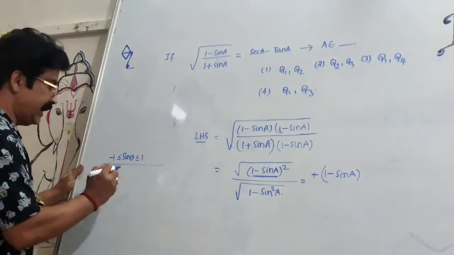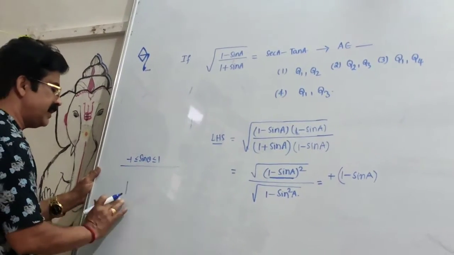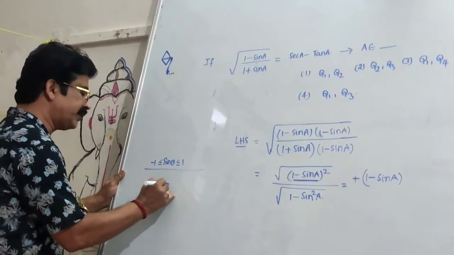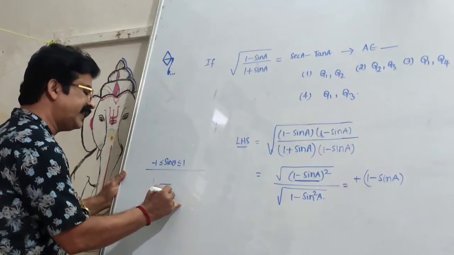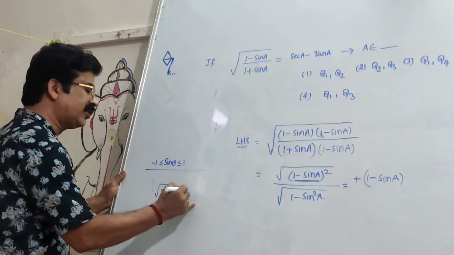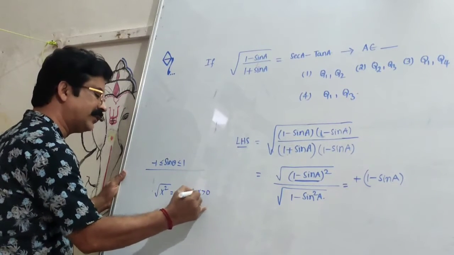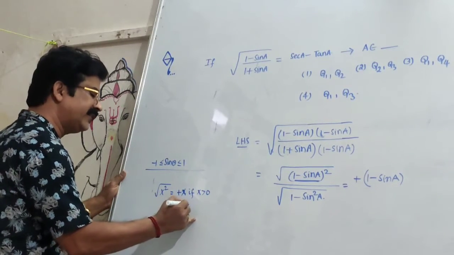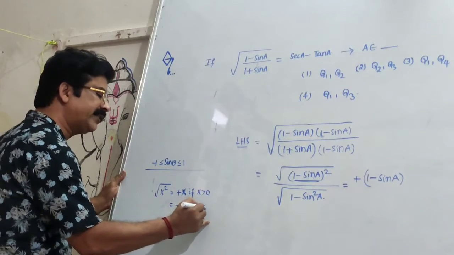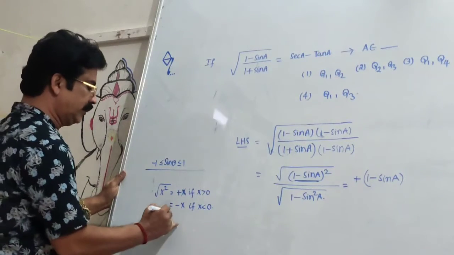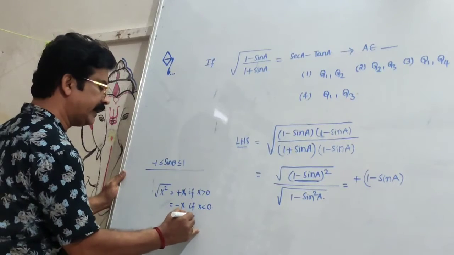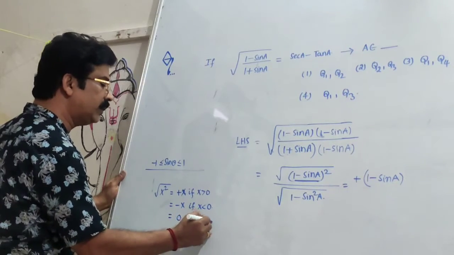Remember, actually modulus. Root of x square is equal to plus x if x is greater than 0. That is equal to minus x if x is less than 0. That is equal to 0 if x equals 0.